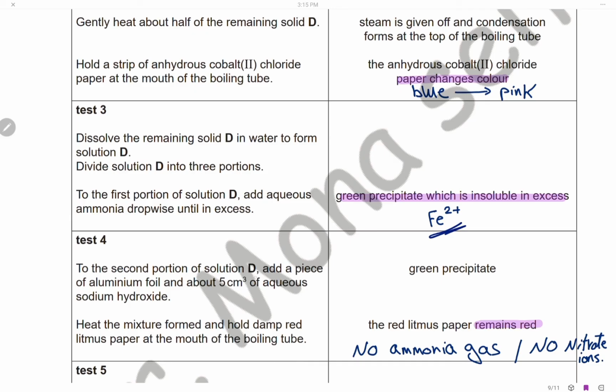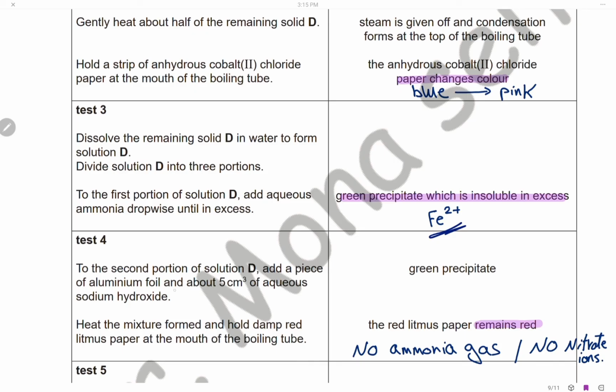To the second portion of solution D, add aluminium foil and about 5 cm³ aqueous sodium hydroxide, and this is the test for the nitrate ions. Heat the mixture and hold damp red litmus paper to the mouth of the boiling tube.